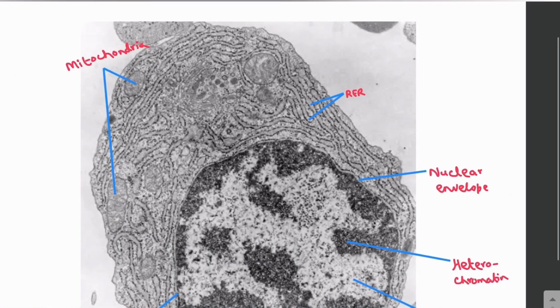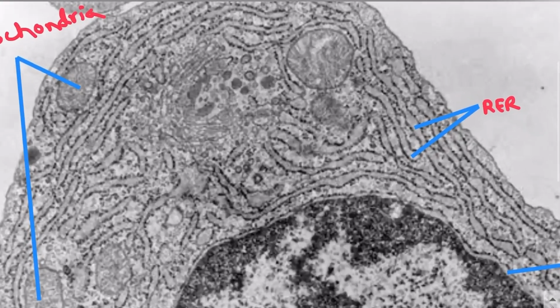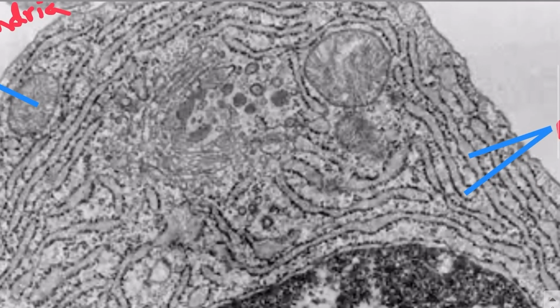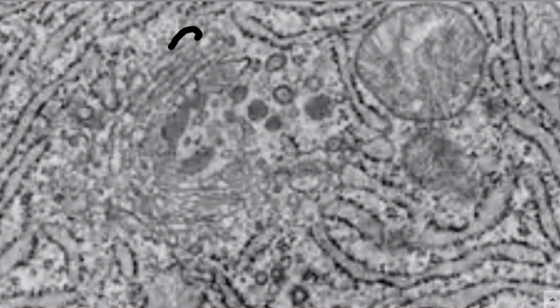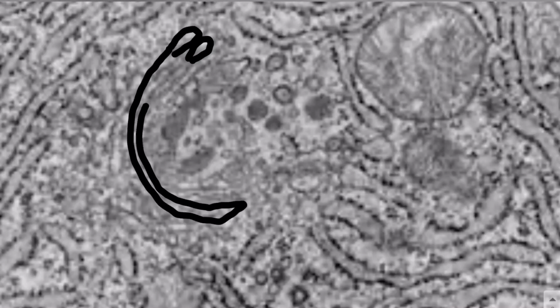What else can we see in this cell? If we look very carefully, we can see these curved pouches, right? These are Golgi apparatus. If you look at this carefully, these are the curved pouches which are going like this.